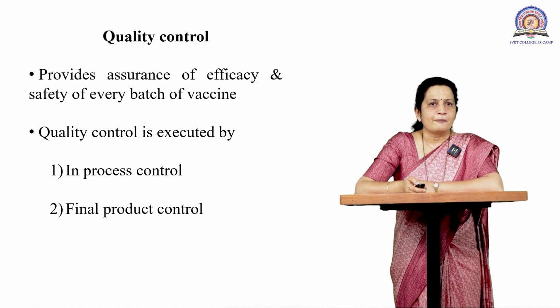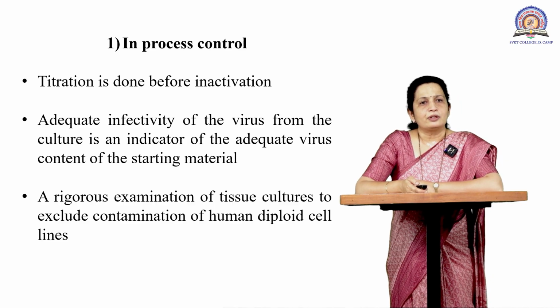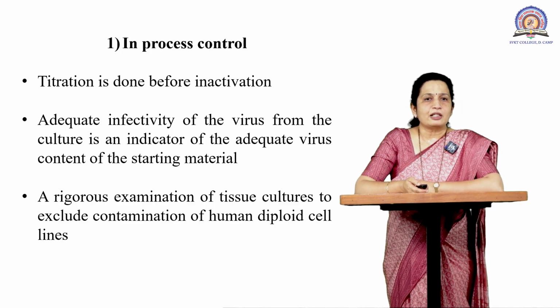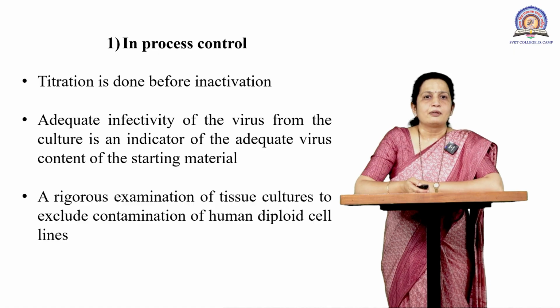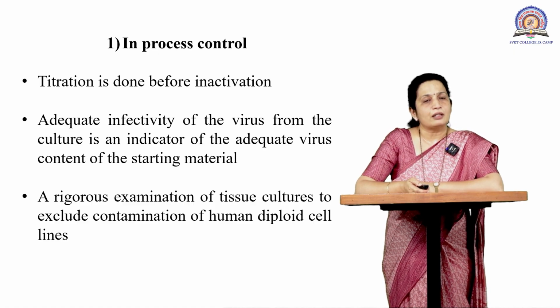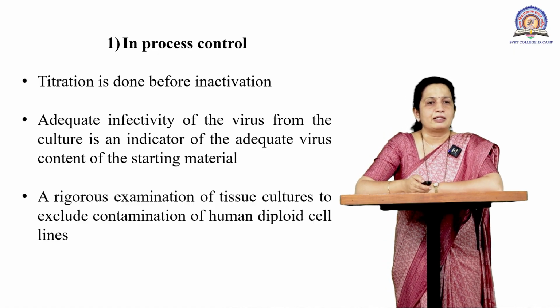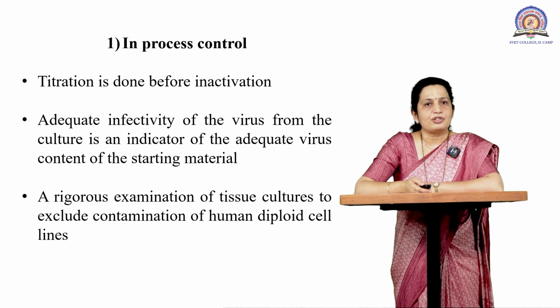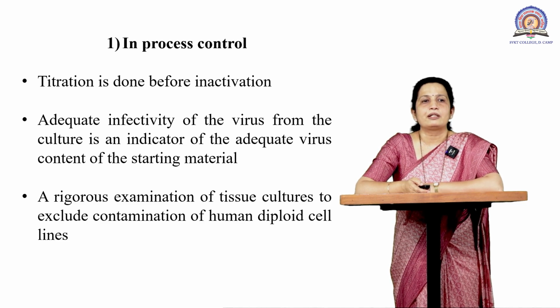So in process control is when virus particles are formed, we have to titrate before they are inactivated, means how many virus particles are present, that is the titration done before inactivation of the virus.